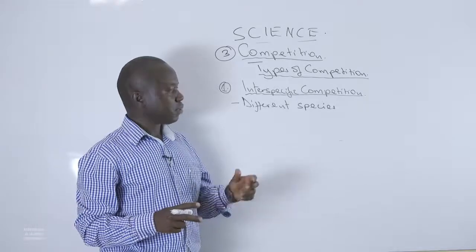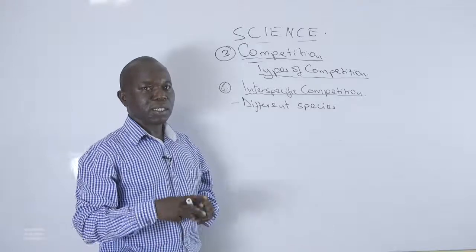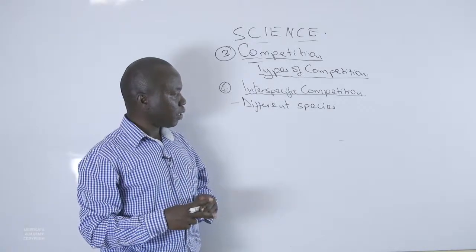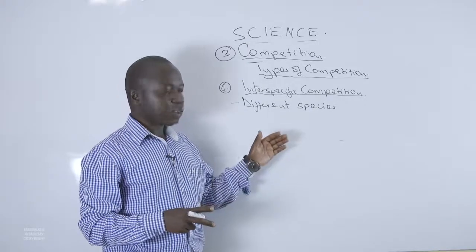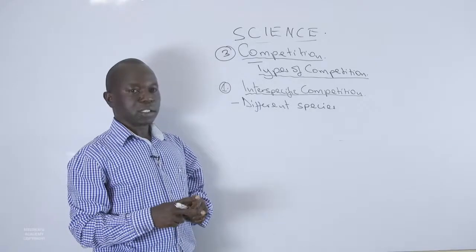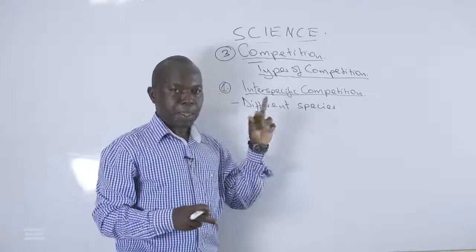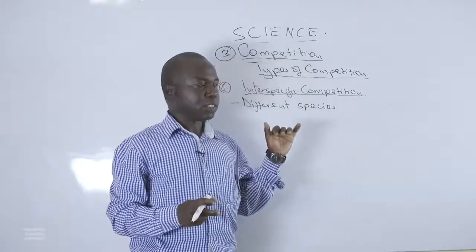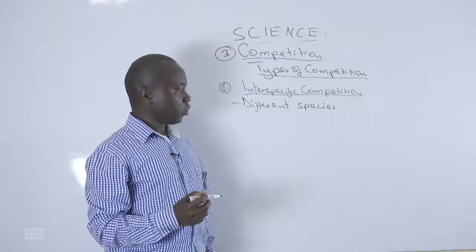But because he has better competitive skills, he's able to clear the plants and even lead to extinction of some. But in our case, we are going to look at one of the most widely studied examples to explain interspecific competition. So if competition is between members of different species, it is called interspecific competition.